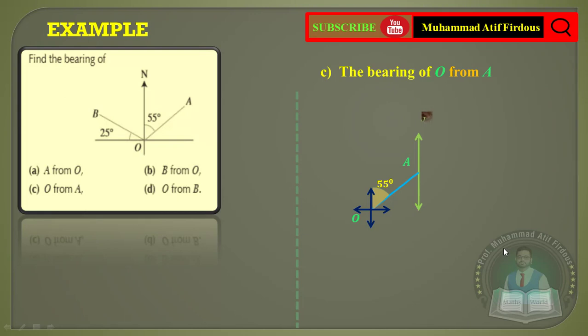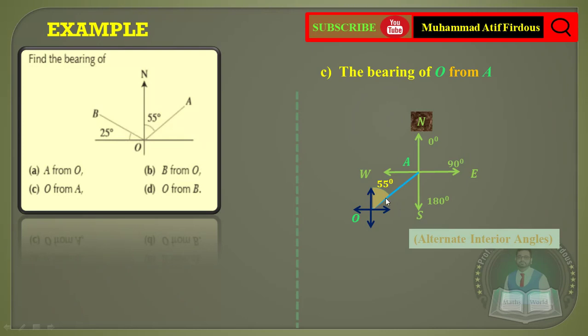So make a north line, you have your north, south, east, west, 0 degrees, 90 degrees, 180 degrees, and here we use the theorem of alternate interior angles. Like if this angle is 55, then this angle is also 55 degrees.